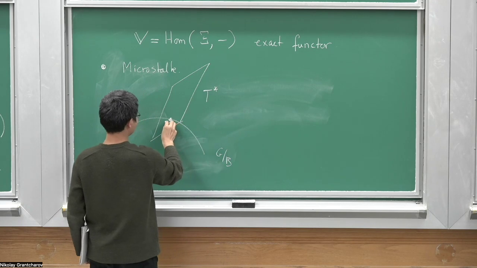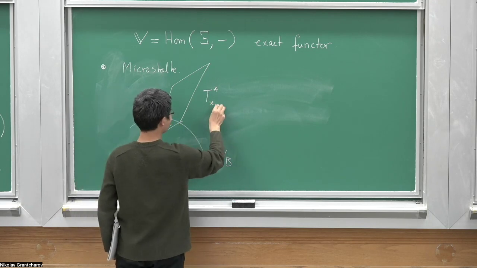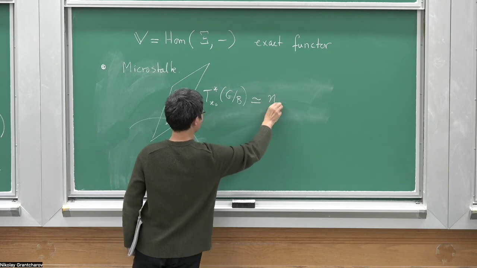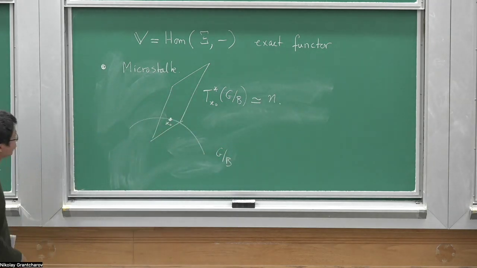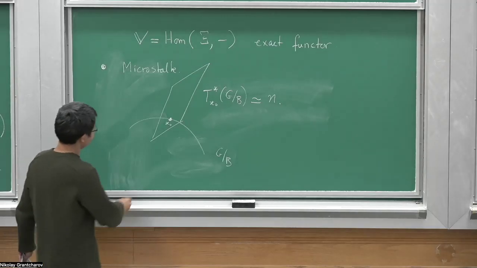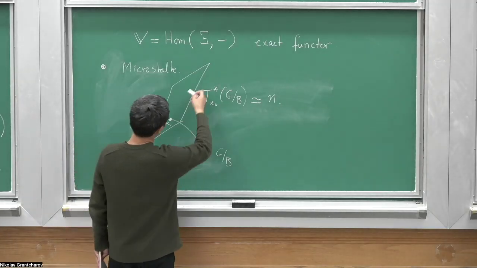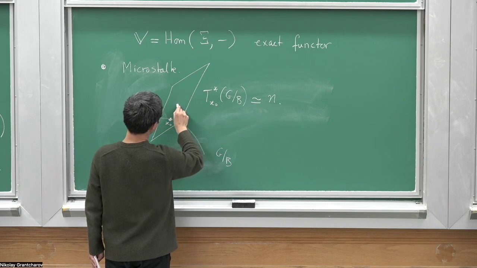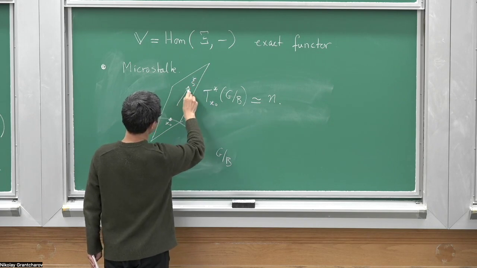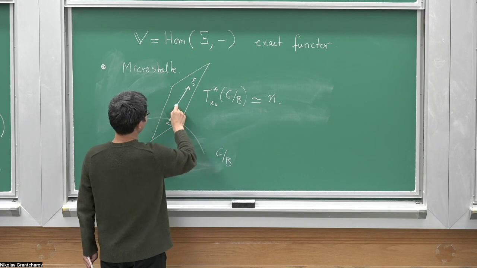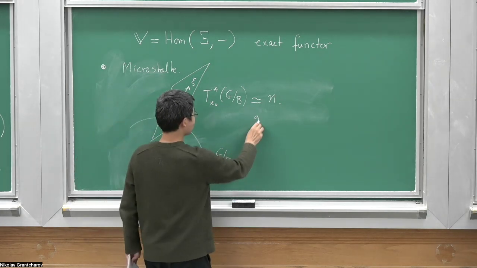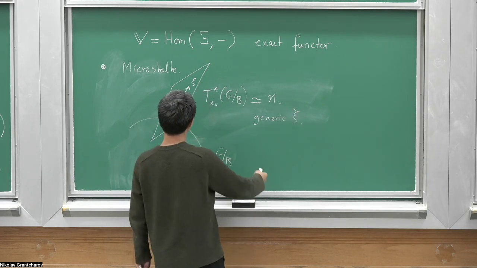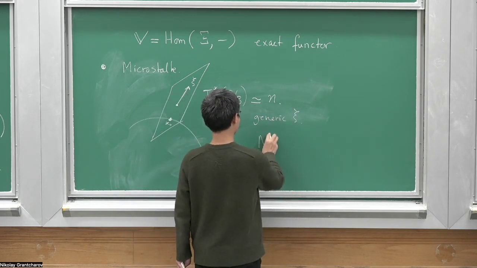Okay, so this is X odd. This is identified with the tangent fiber here. So for any general vector here, take some covector. Take generic C. We have the microstalk.